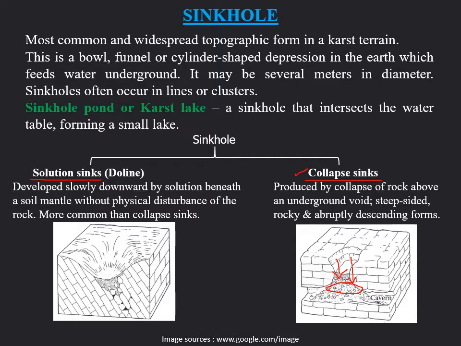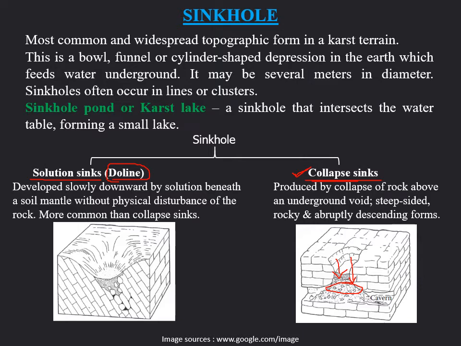Steep-sided, rocky and abruptly descending forms resulting from the collapse of the country rock are known simply as collapsings. So the term doline is similar in meaning to solution sinks, whereas collapsings are known by their own name.